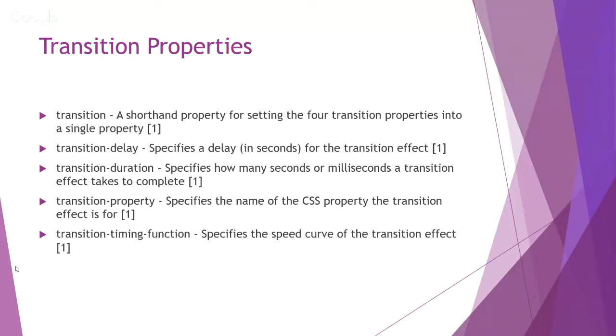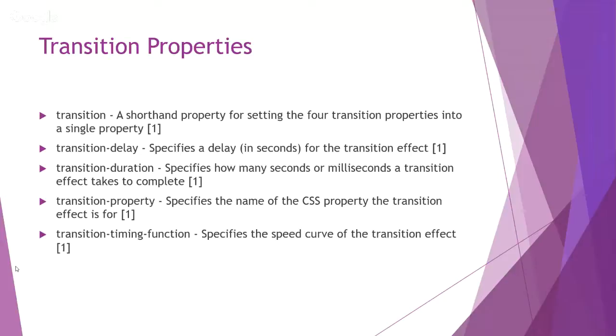So transition properties: there's the shorthand property called transition, which is used to set all 4 transition properties in a single property. There's the transition-delay property, which specifies the delay in seconds for the transition effect. There's the transition-duration, which specifies how many seconds or milliseconds the transition effect takes to complete.